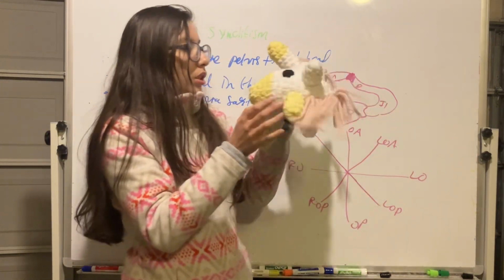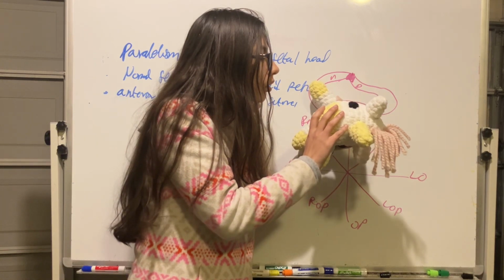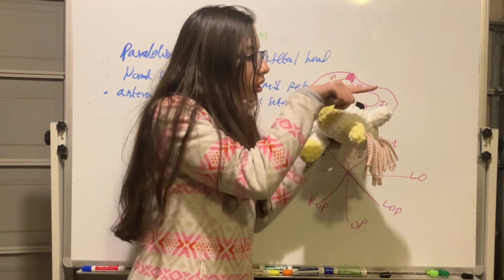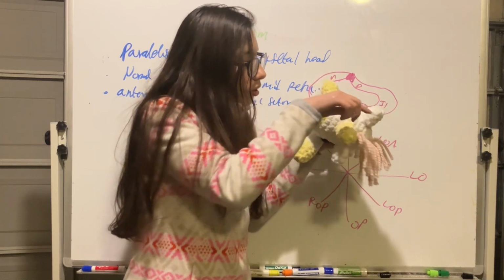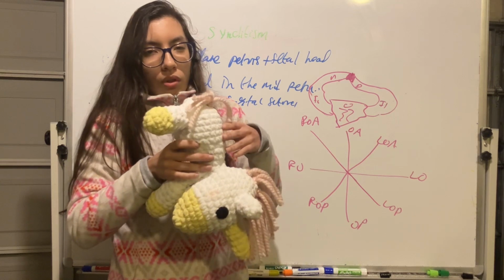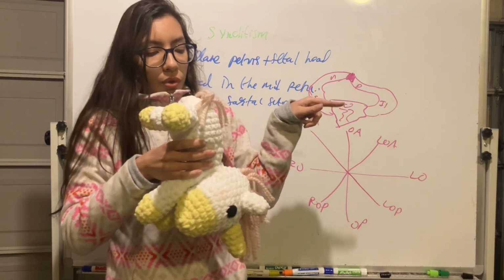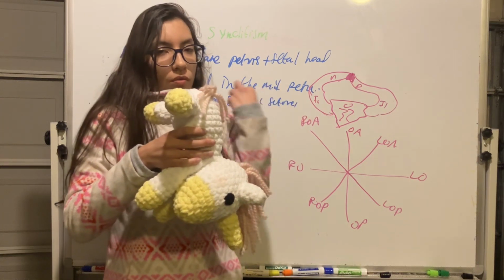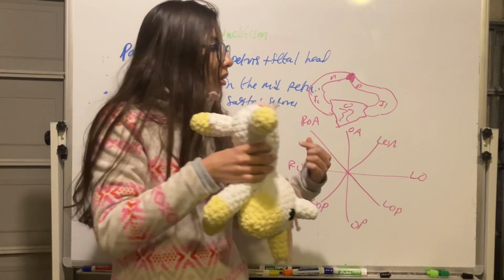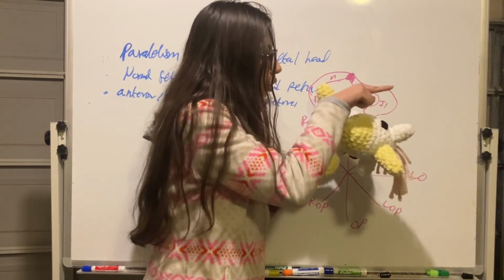Remember, the fetus is this way. Then this is left occiput posterior. So this is left occiput, tilted a little bit more. This is left occiput posterior, because it's starting to point this way.